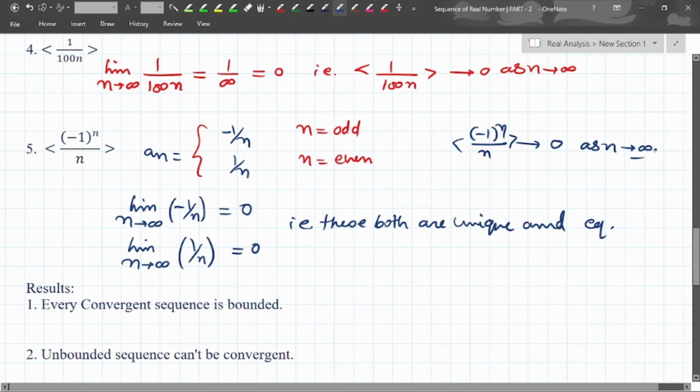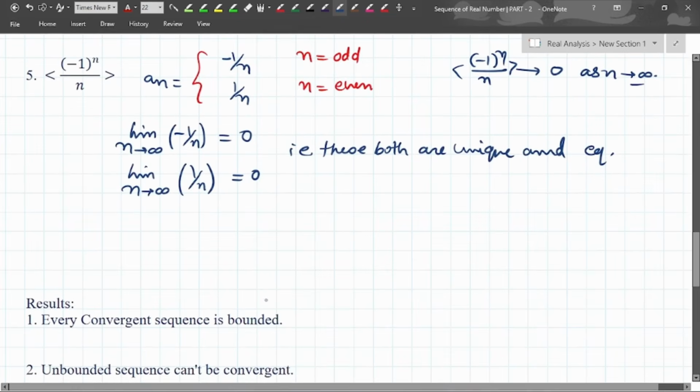Now, which one is not convergent? How can we find that? Just take one simple example, n square. Is it convergent? It is not convergent. As n tends to infinity, the sequence n square does not go to any limit, or we can say it goes to infinity.